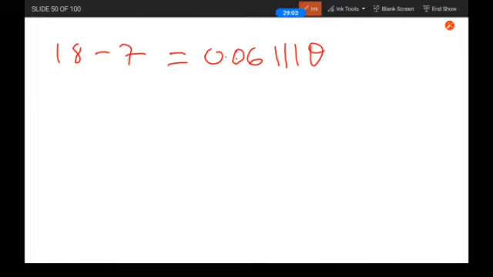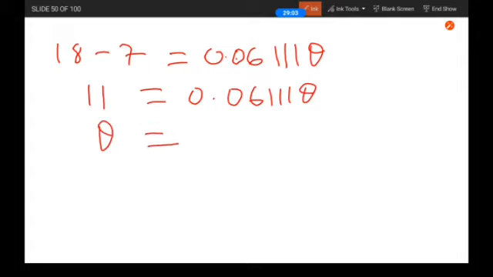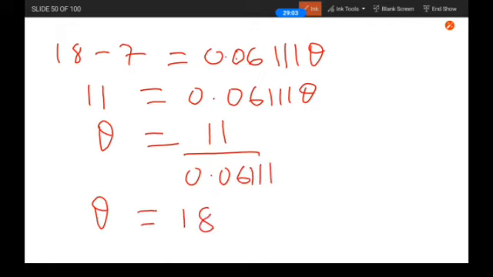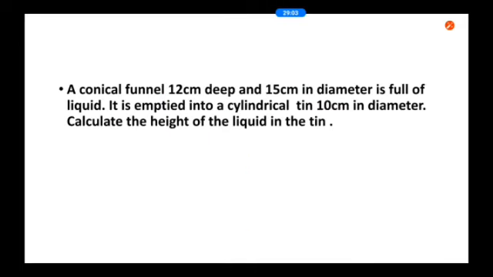So 18 minus 7 gives us 11 equals 0.06111 theta. If you divide both sides by 0.06111, theta will give us 180 degrees. So that is the angle formed on the sector, right?